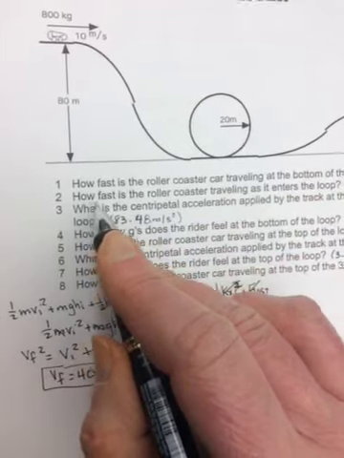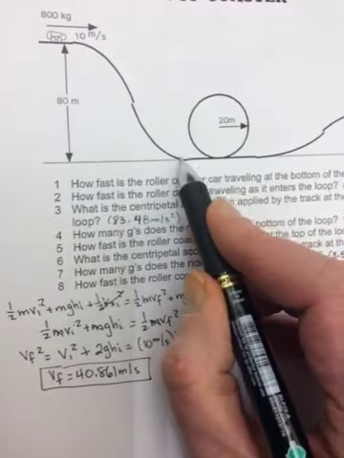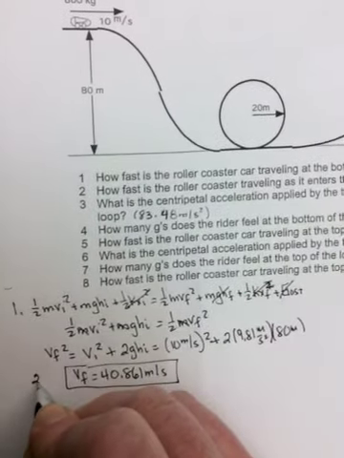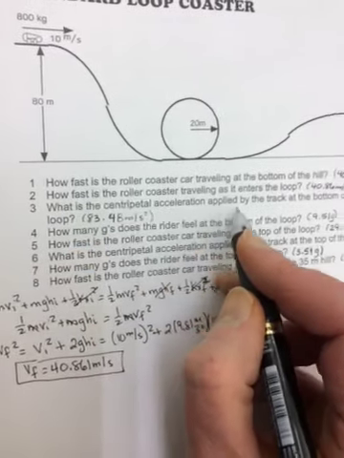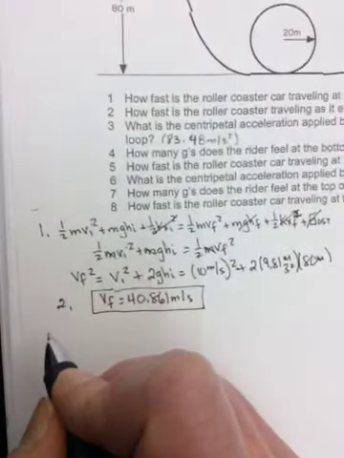Now look at number 2. It says, how fast is the roller coaster traveling when it enters the loop? Well, it hasn't changed its height. It's still at the bottom. So this is also the answer to number 2. Number 3, what is the centripetal acceleration applied by the track at the bottom of the loop?